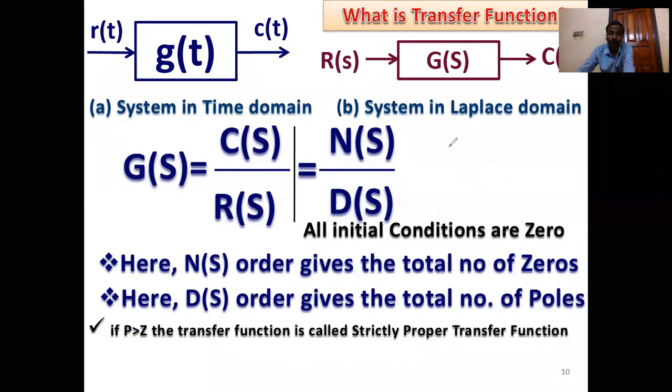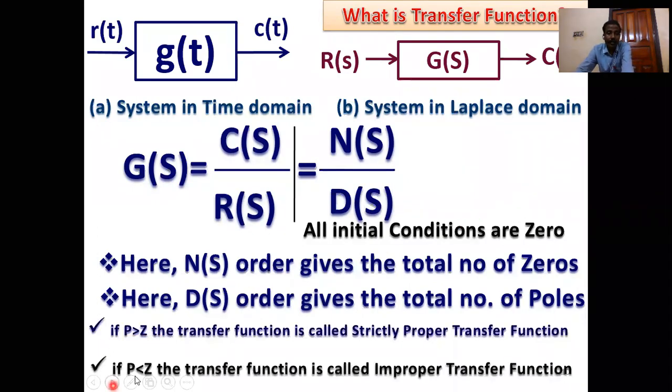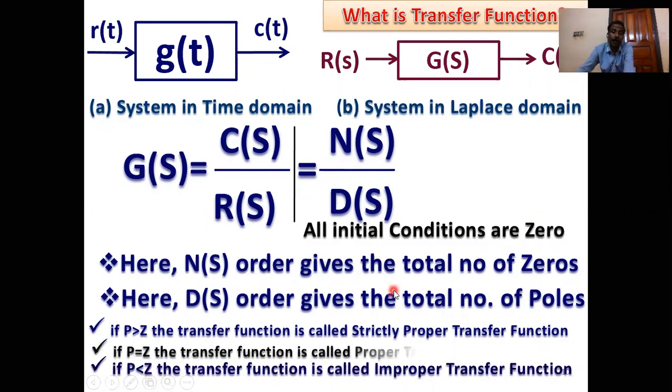And if P is less than Z, meaning the number of zeros is greater than the number of poles, the transfer function is called an improper transfer function. If P equals Z, meaning the number of poles equals the number of zeros, the transfer function is called a proper transfer function.